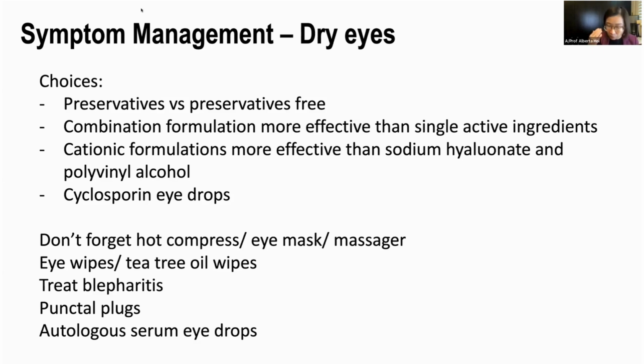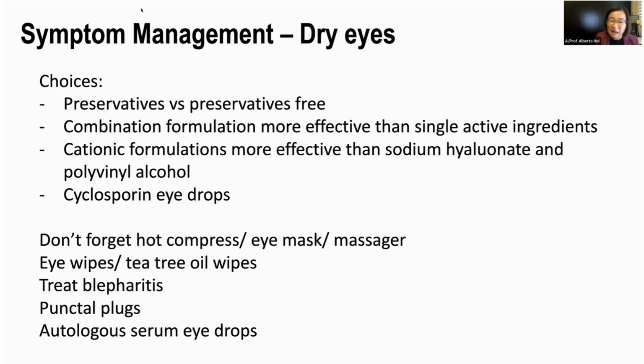If you can imagine, if you're not producing enough tears, this plug is like plugging the sink so that you can increase the amount of tears sitting on your eyes. I see variable response to the punctal plugs, but some ophthalmologists may offer that to try, and it can certainly be repeated if you have a good response.